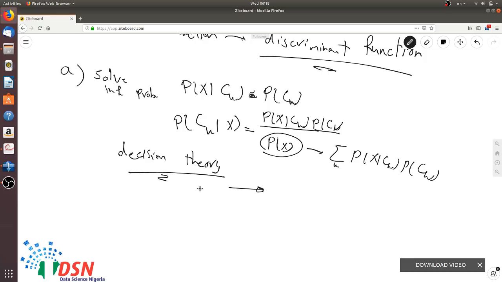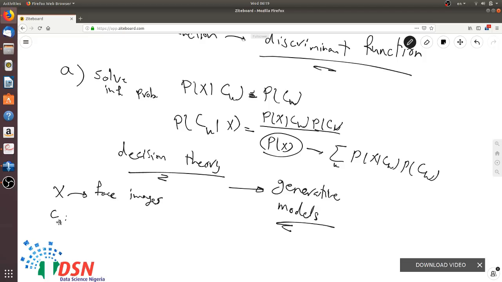So in this approach, we model our distributions. We call these approaches generative models. Why generative models? Because after modeling our distributions, we could sample from them and generate new data. For example, let's say the x's are face images, and C1 is woman face, and C2 is man face.